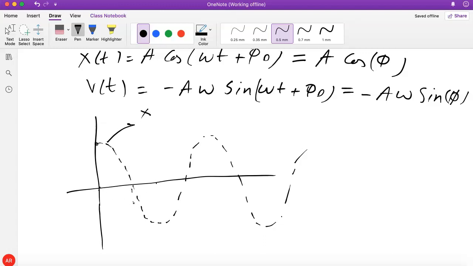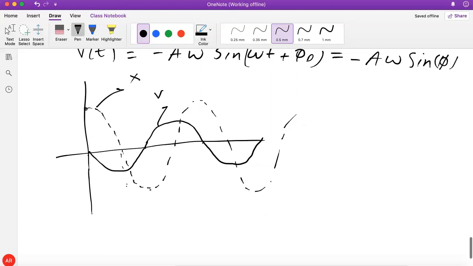Here it's the maximum. So it's something like this. Again, here it becomes 0, here it's the maximum. So that's v. Qualitatively, it looks like that.